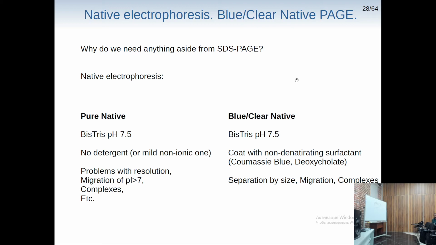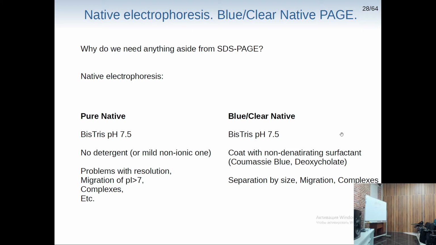And also, some proteins will have positive net charge, some will have negative net charge, and what polarity will you use in this case? Because in either case you will lose half of your proteins, right? But there is a solution for this, and you can use some dyes like Coomassie blue, for instance.